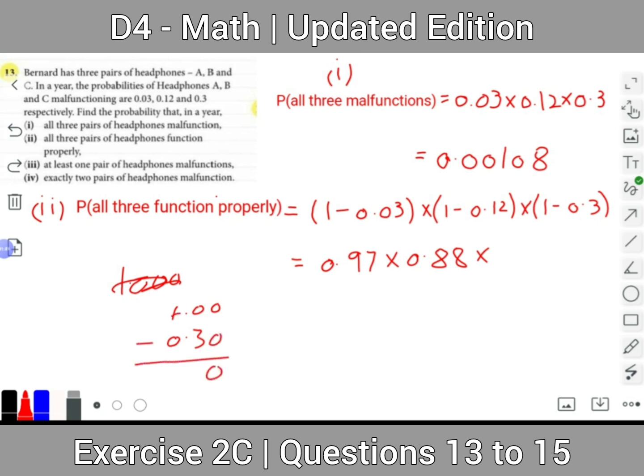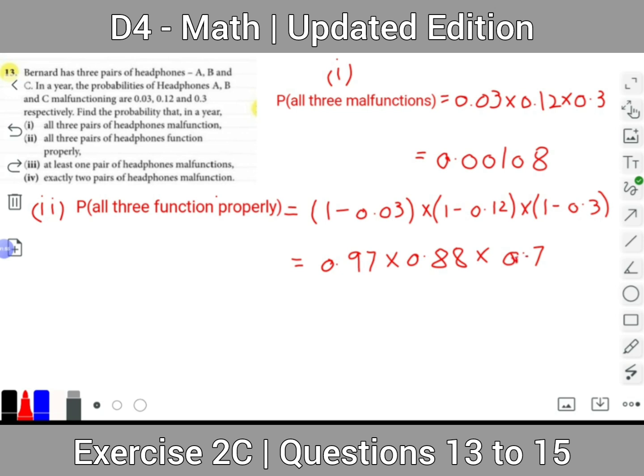So here we have 10, take away 3, 7, and it will be 0.7. So now we have to multiply 0.97 with 0.88 and with 0.7.